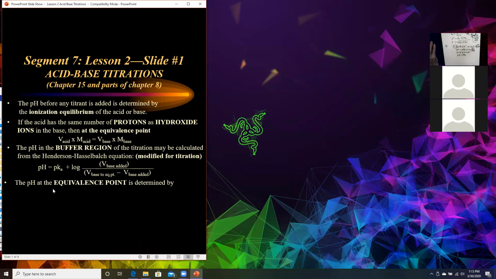Now, the equivalence point is the third point in our curve that we're interested in. Now, at this point, you're at the equivalence point. So when you're at the equivalence point, you have reacted all of the HA present.